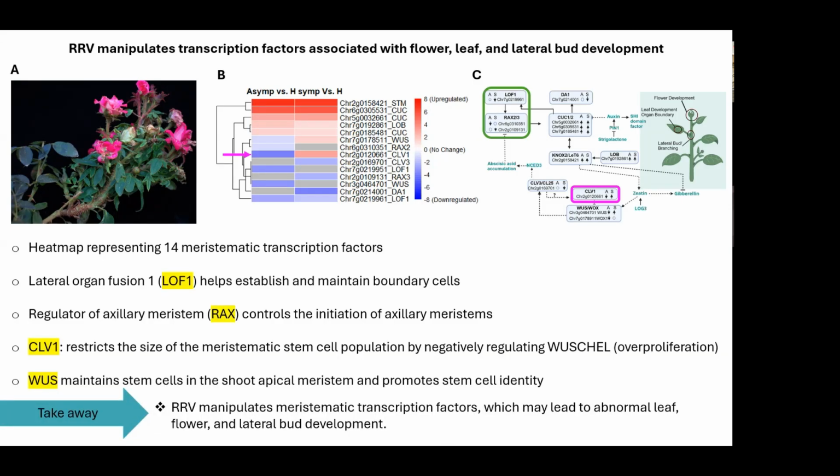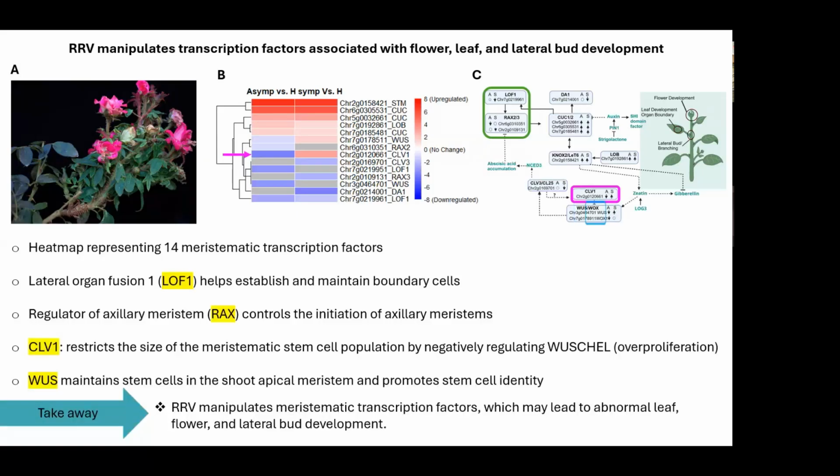And the other work of WUSCHEL is to maintain stem cells in the shoot apical meristem and promote stem cell identity. So when CLAVATA1 is upregulated in symptomatic, we expect the work of WUSCHEL to be downregulated because CLAVATA inhibits the work of WUSCHEL.